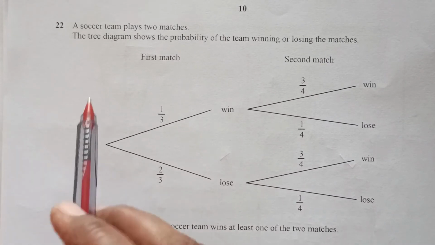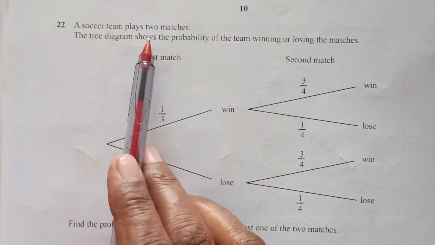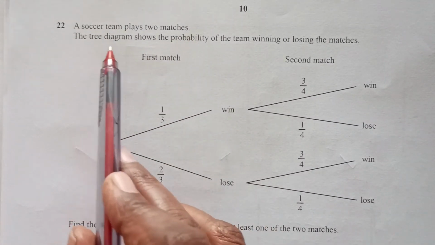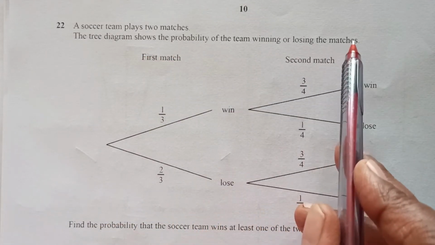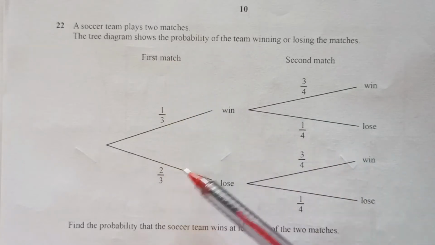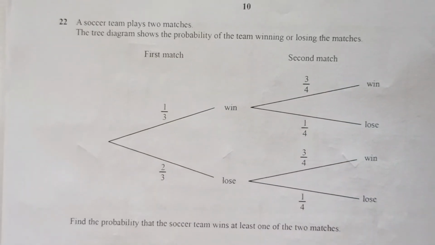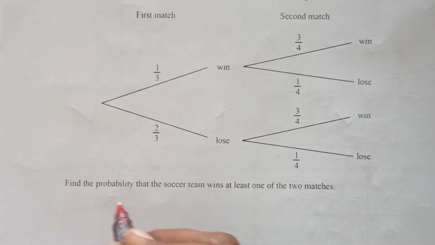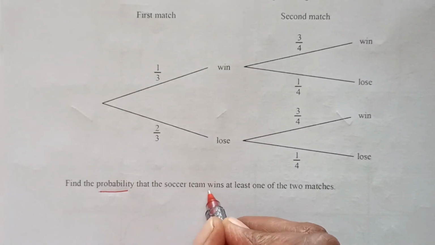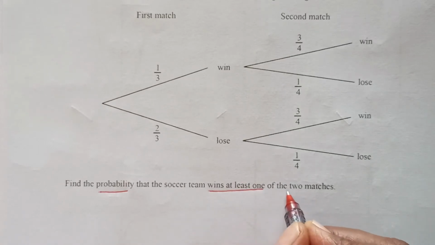Question 22. A soccer team plays 2 matches. The tree diagram shows the probability of the team winning or losing the matches. You can see first match here, second match here, and we are given the probabilities. The question is, find the probability that the soccer team wins at least one of the 2 matches.